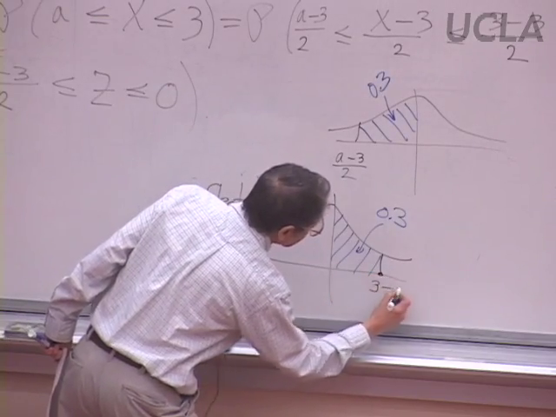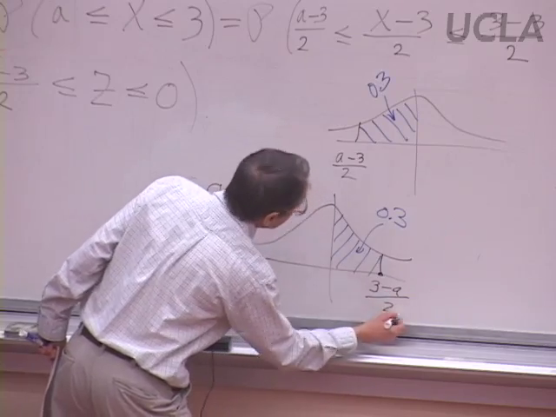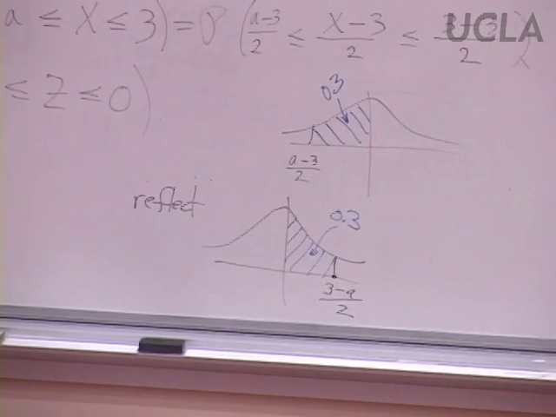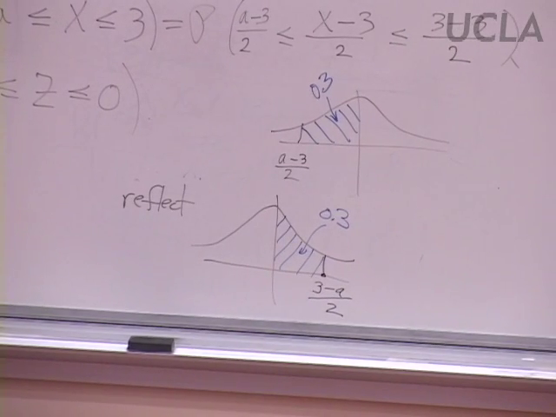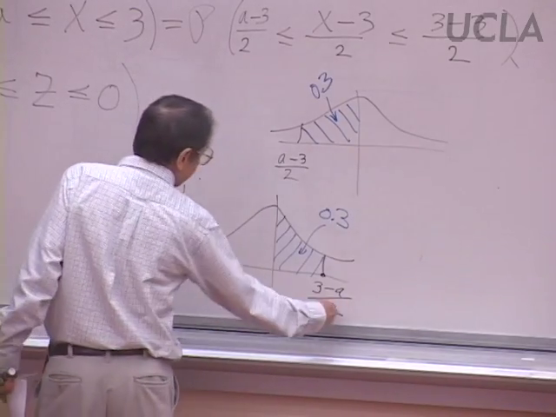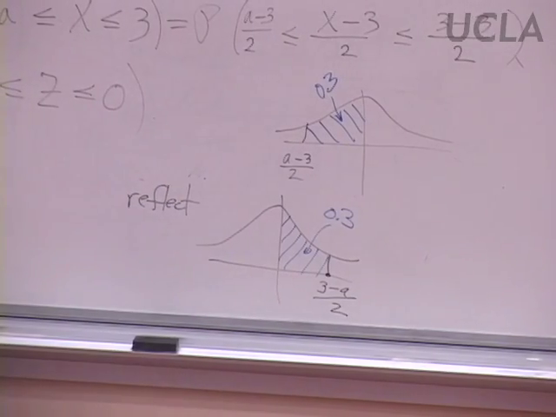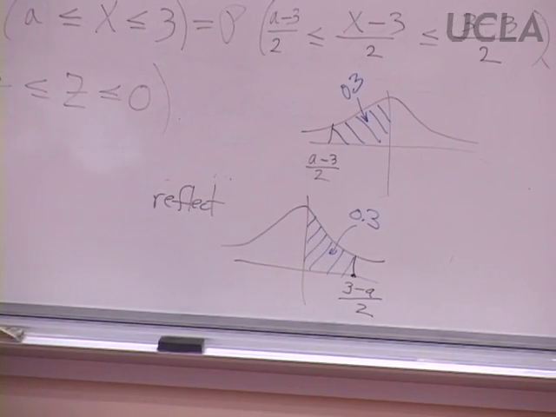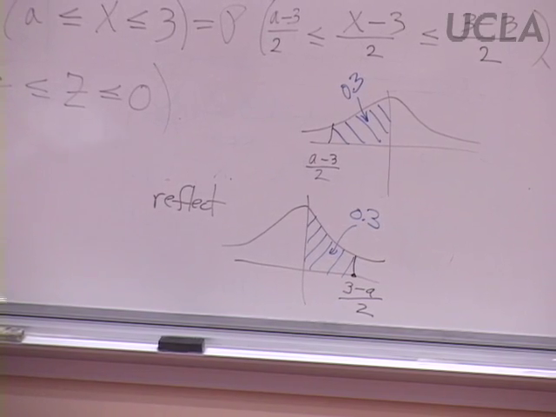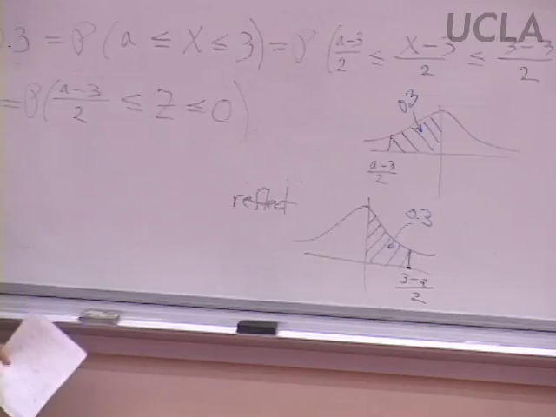It's (3 minus A) over 2, the negative of (A minus 3) over 2, because we've taken the reflection. (3 minus A) over 2, we know from the picture, is some positive number. And if we knew phi of that, we could start using our table.